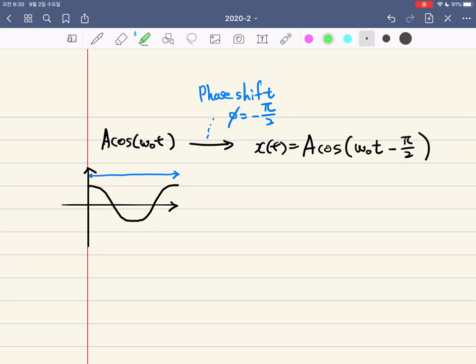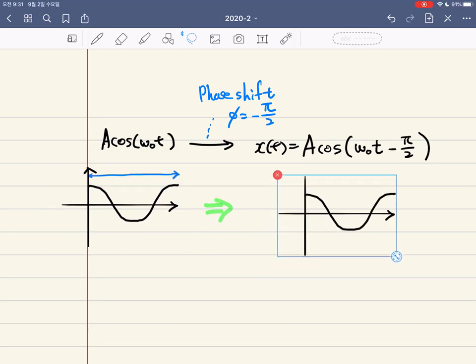Therefore, in terms of phase shift, we can say that this amount is 25% part, a quarter, and another quarter, and the third quarter, and the last quarter.